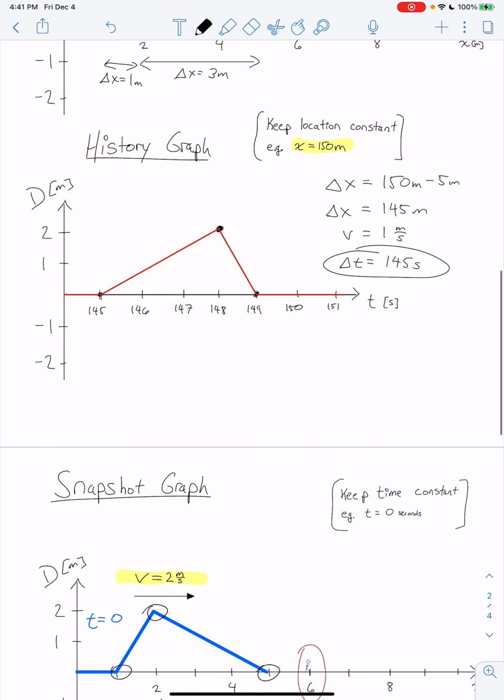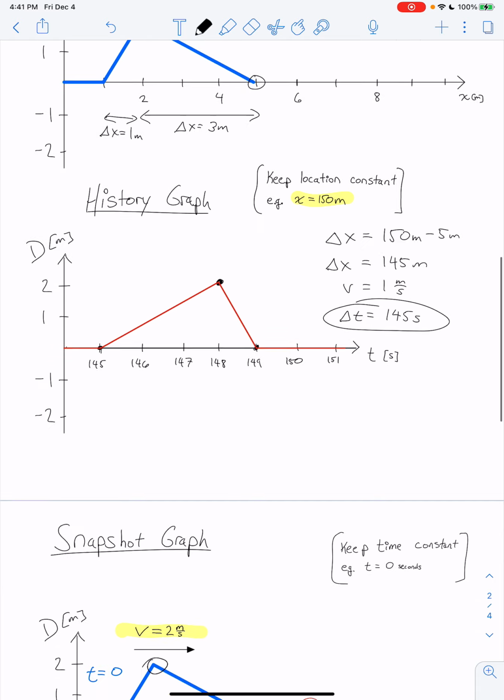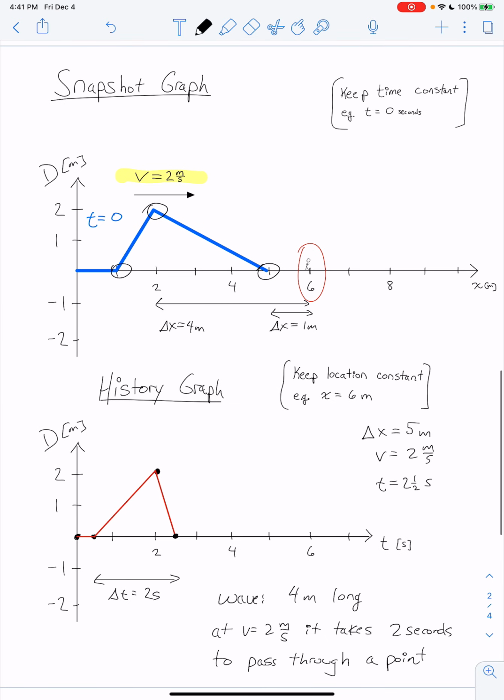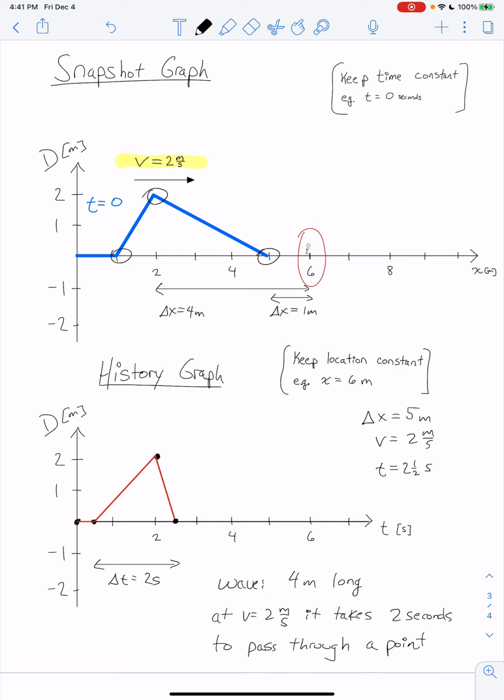Just to review, we've got the same exact pattern, just compressed because of that velocity, so the whole wave passes through more quickly. Now what would happen if the velocity was smaller than 1? The whole thing would be stretched out. It would happen slowly. I hope this helps. If you still have questions, you can post them and I'll try to help. Thank you.